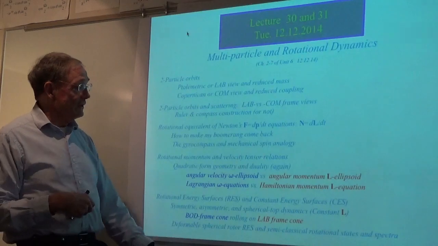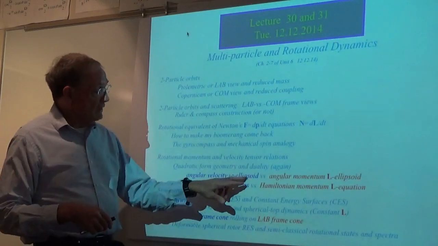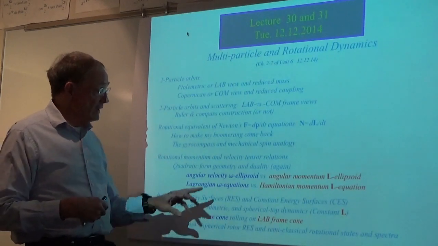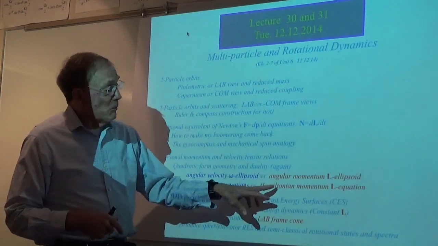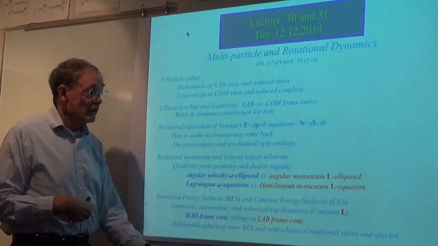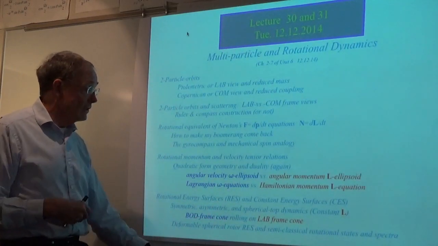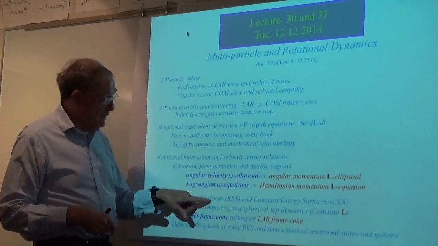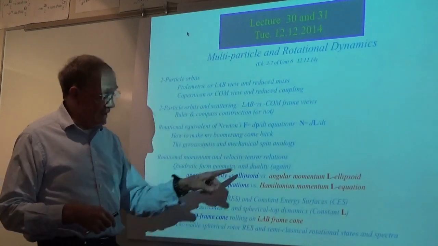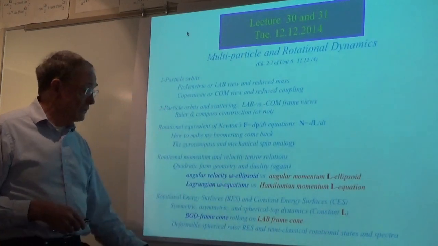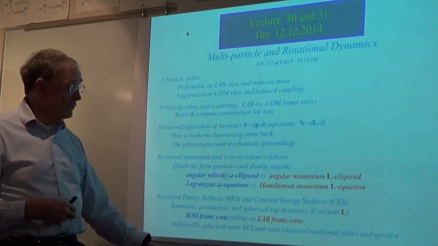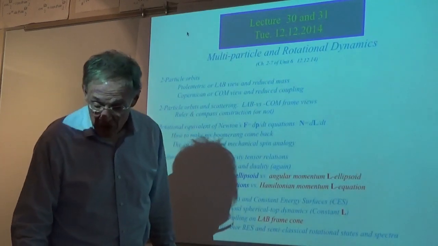You'll see the angular velocity ellipsoid for a Lagrangian approach, and an angular momentum ellipsoid that would go along with a Hamiltonian approach. Well, this has grown, and we are the originators of something called the rotational energy surface, which is the 3rd way to look at rotors, and I'm going to go over some of the modern stuff, I hope, by the end of this lecture. So let's get started.